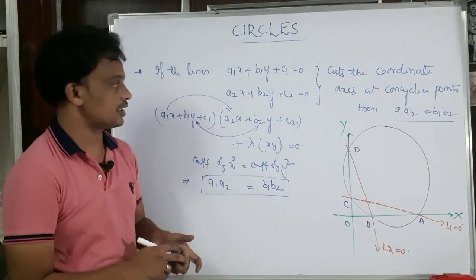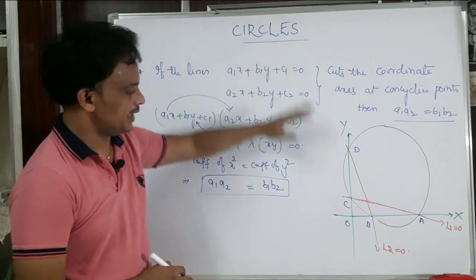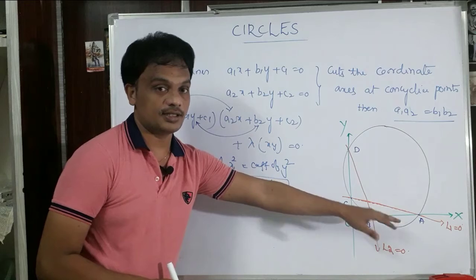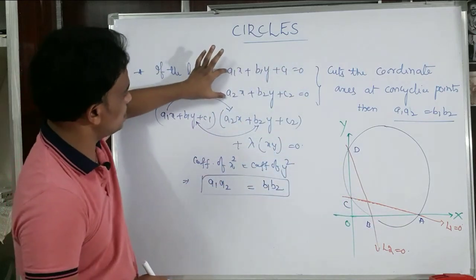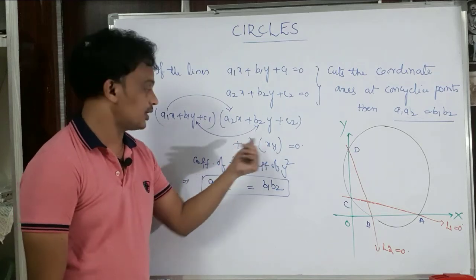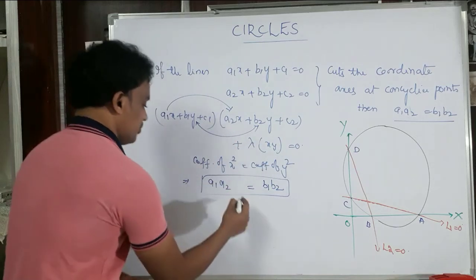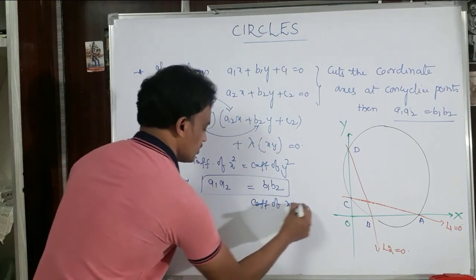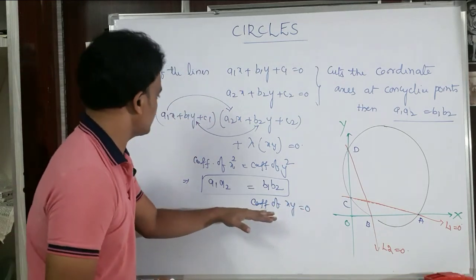Yes, when we use this condition, if these two lines intersect the coordinate axes at concyclic points, then what is your condition? a1 a2 equals b1 b2. Then how to get the lambda value also? In that case, simply use the coefficient of xy equals 0. So, what is the coefficient of xy?